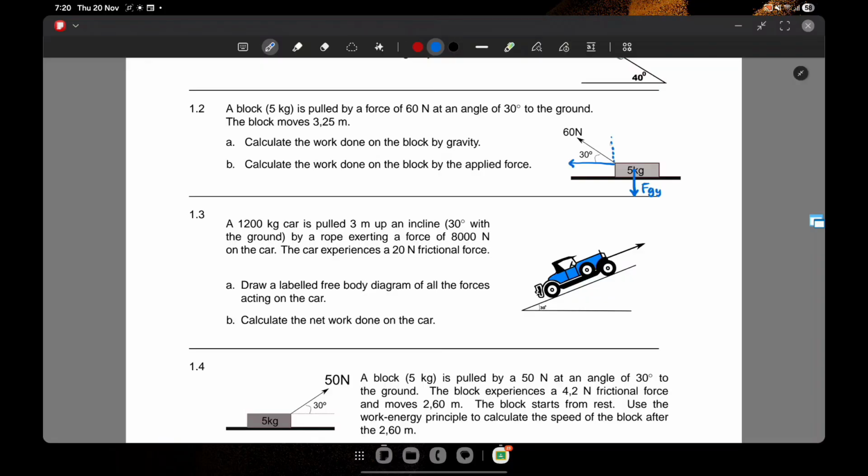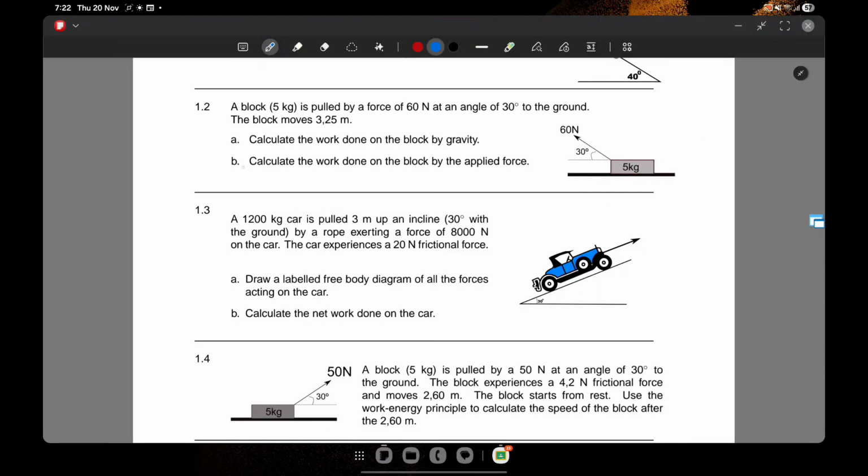There's a vertical and a horizontal component. However, gravity isn't doing any work because the box is moving horizontally while gravity is perpendicular to it. This is the force, this is gravity. Therefore, there's no work being done as it's at a cos 90, 0.